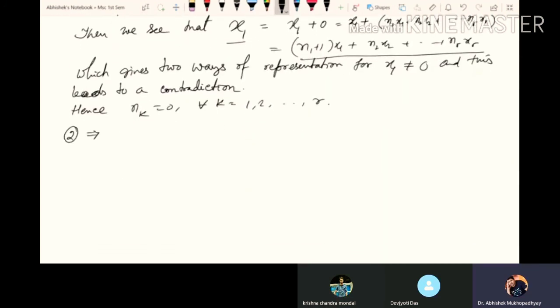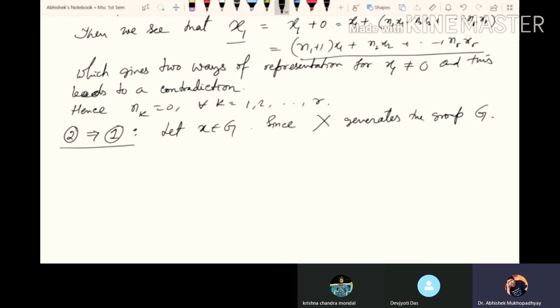Now we move to prove that 2 implies 1. So let us suppose that x belongs to G, and since we have assumed that X generates the group G, x can be expressed as some n1 x1 plus n2 x2 plus ... plus nr xr.